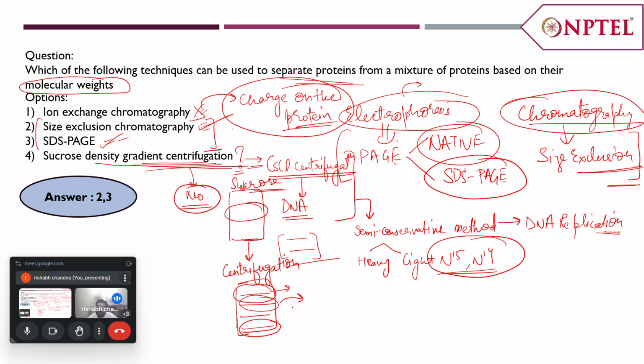But in that case we will not be able to identify unknown proteins. So that is a major disadvantage of density gradient centrifugation, although it can separate the proteins on the basis of their molecular weights, or the sedimentation coefficient to be specific.